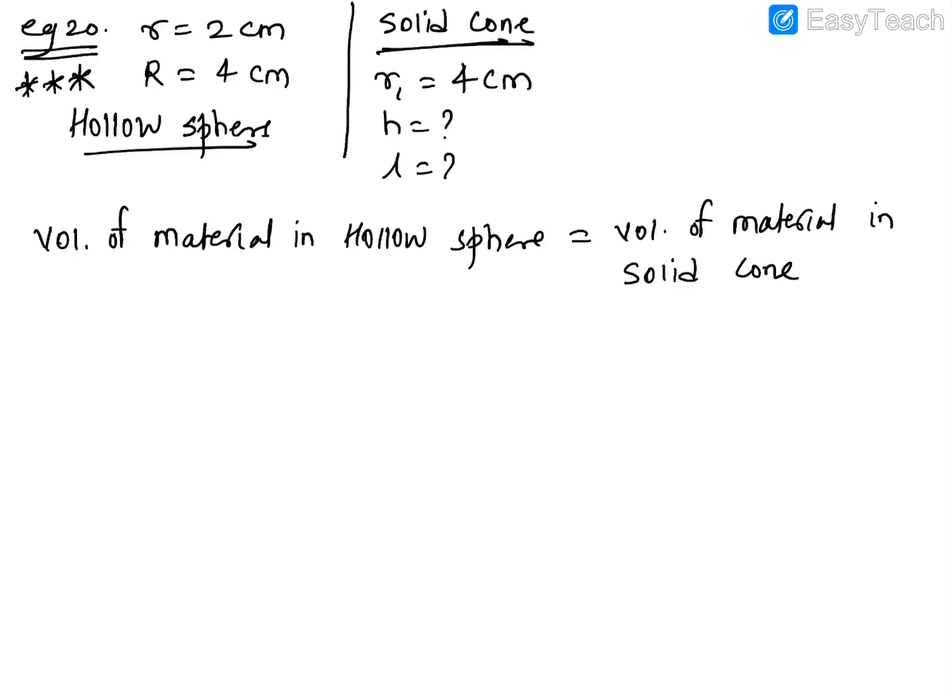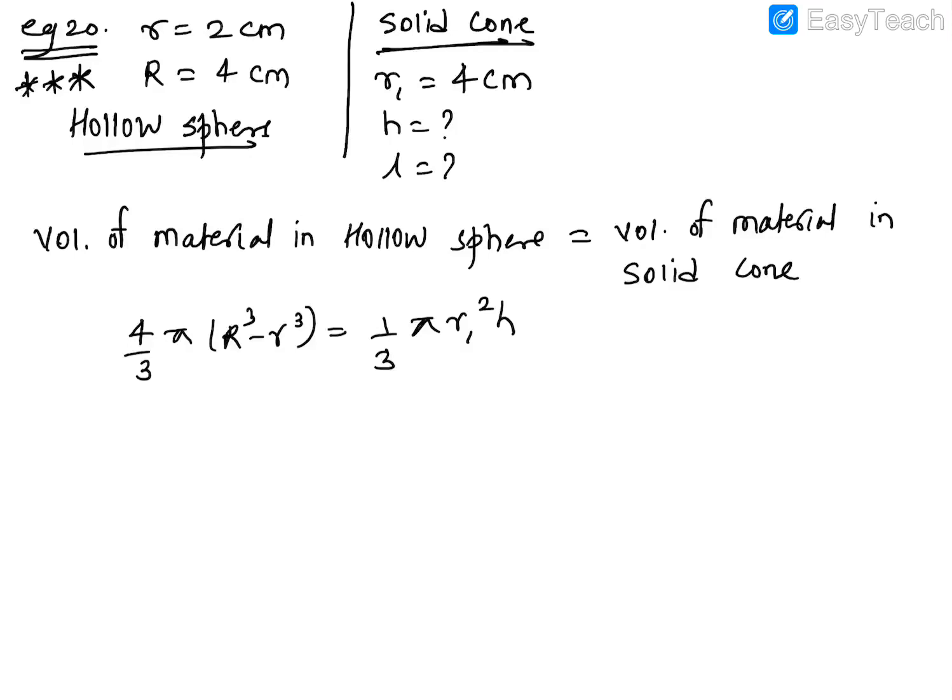Now what is the volume of material in a hollow sphere? It will be 4 by 3 pi in brackets R cube minus r cube. What is the volume of material in a solid cone? 1 by 3 pi r squared h.